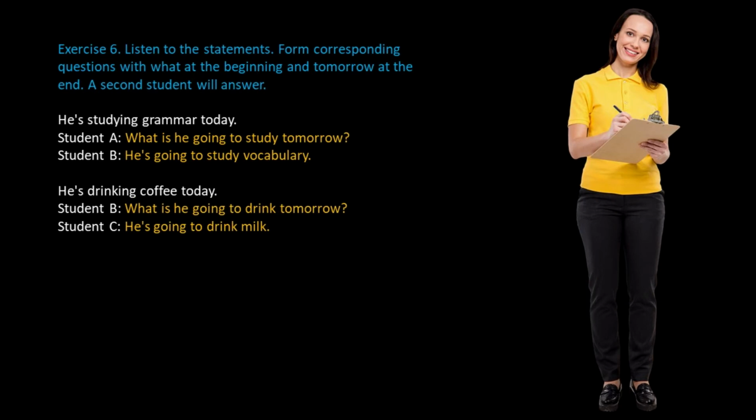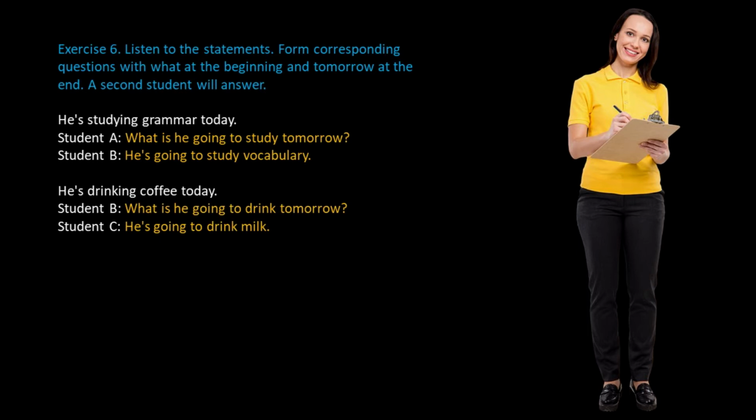Exercise 6. Listen to the statements. Form corresponding questions with what at the beginning and tomorrow at the end. A second student will answer. For example, he's studying grammar today. Student A. What is he going to study tomorrow?